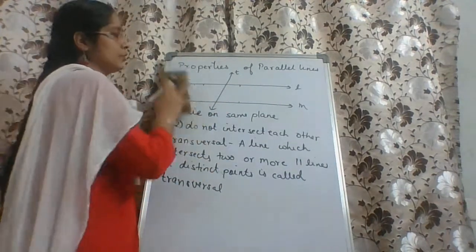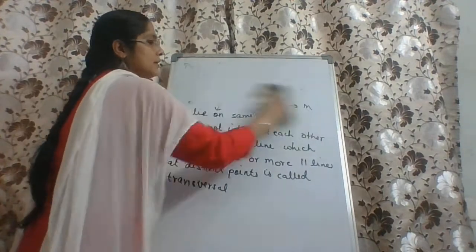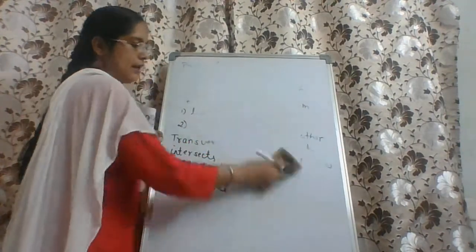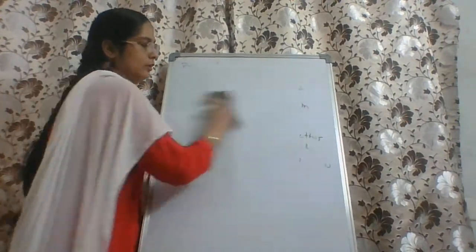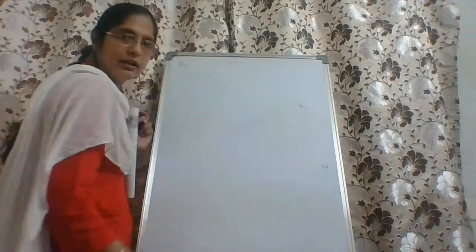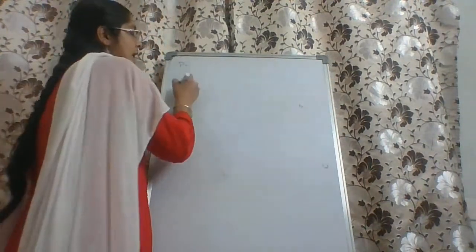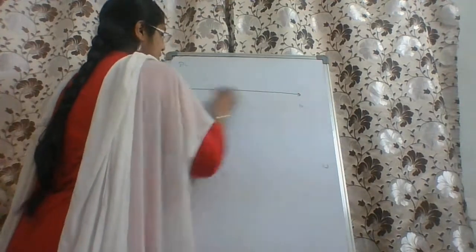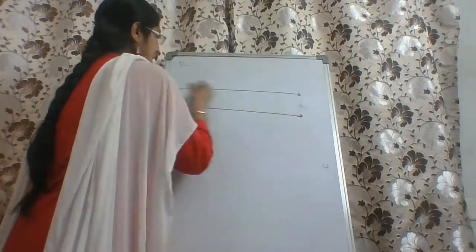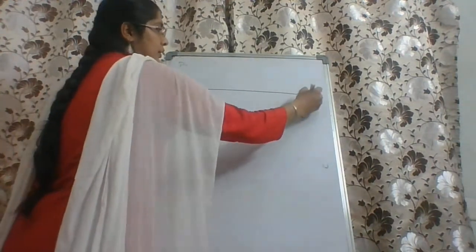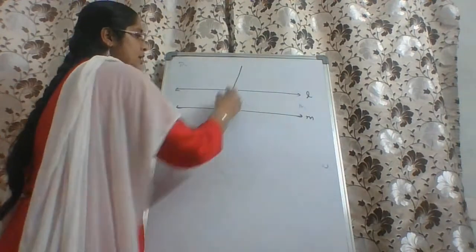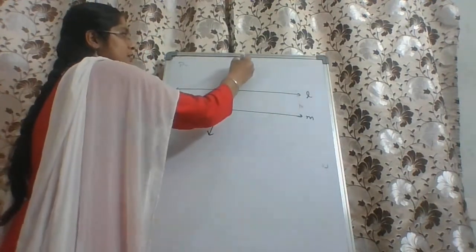Now let us come to different types of angles in parallel lines. Let L and M be two parallel lines. T is a transversal.